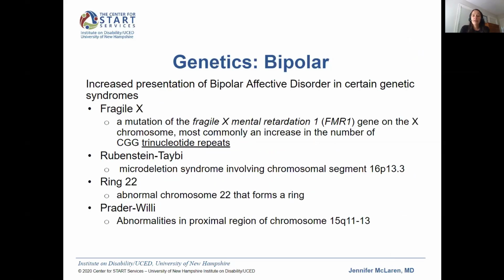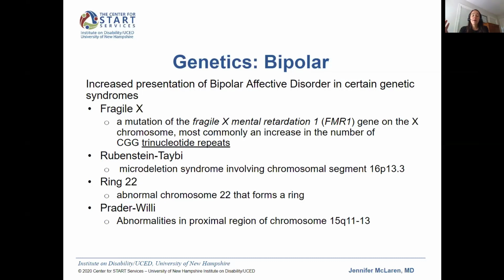We know that certain mental health conditions are more likely to occur in certain genetic conditions. This does not mean, though, that everybody with these genetic conditions will develop these mental health conditions, just that they have a higher heritability or higher likelihood in this patient population.